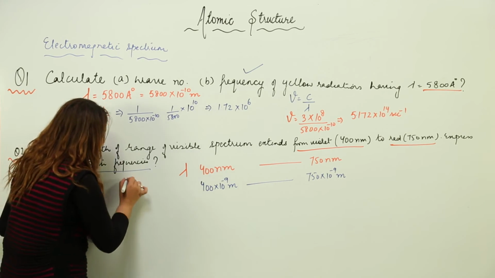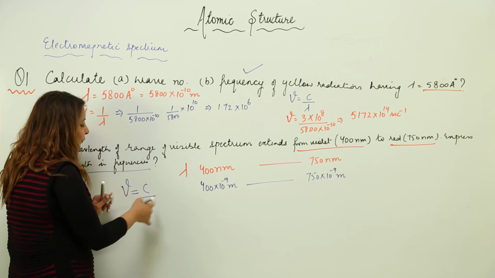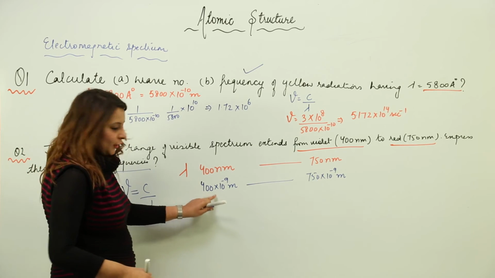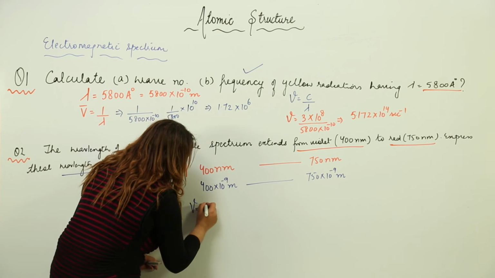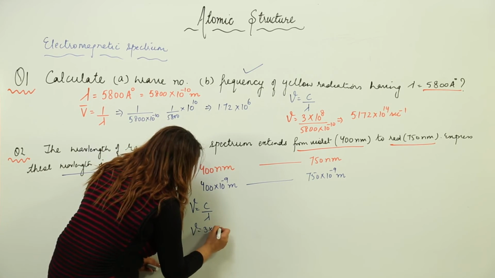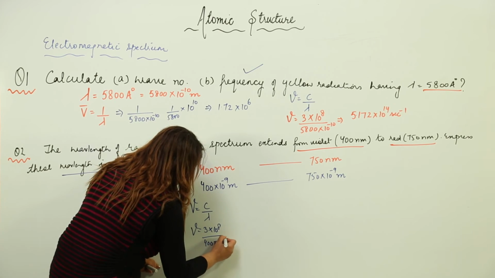Again, you are familiar with the relation nu is equal to C over lambda. So we are going to find nu in this case. Nu is equal to C over lambda, where C is 3 into 10 raised to power 8, and lambda is given as 400 into 10 raised to power minus 9.